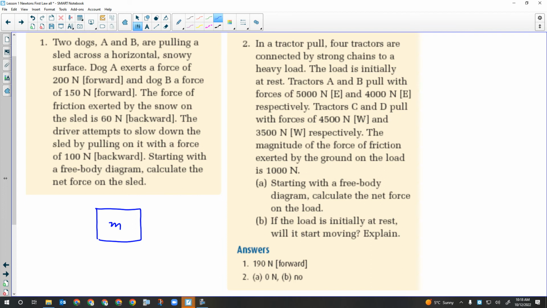Dog A exerts 200 newtons forward. Dog B 150 newtons forward. And I do try and represent scale as best I can on my free body diagram. It's not terribly important, but I still try to do it. The force of friction is 60 newtons backwards.